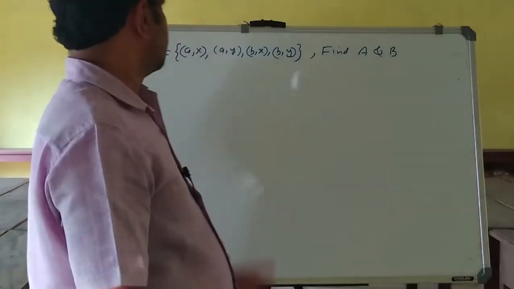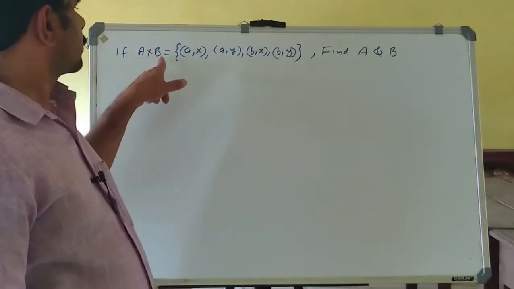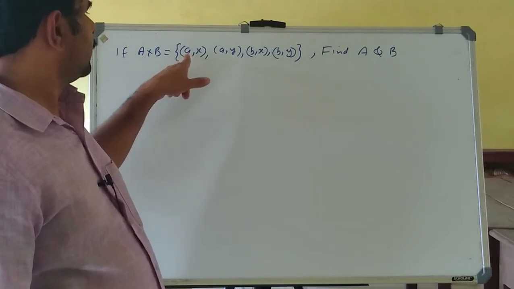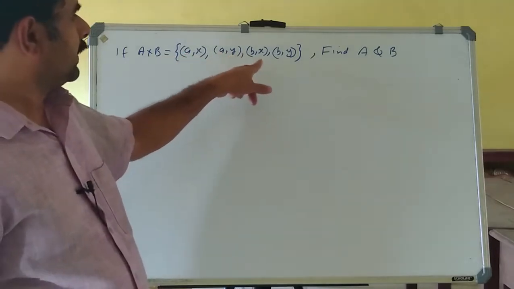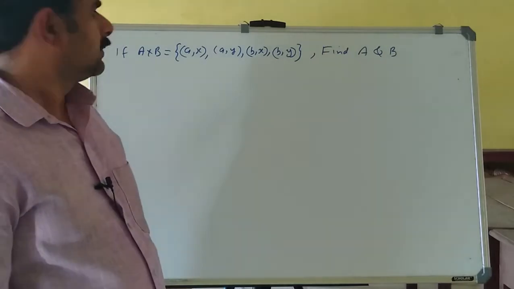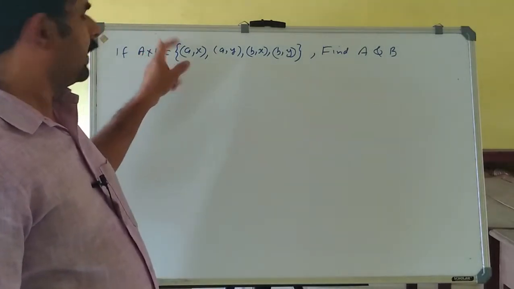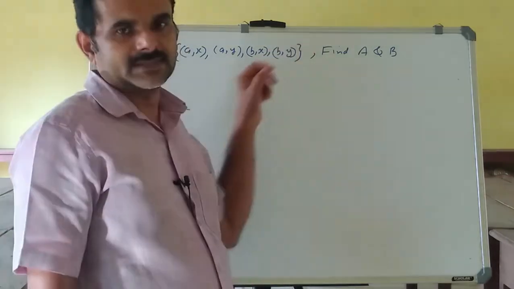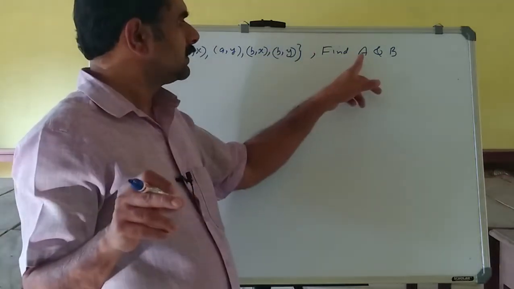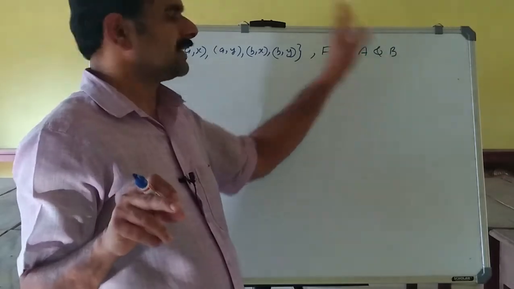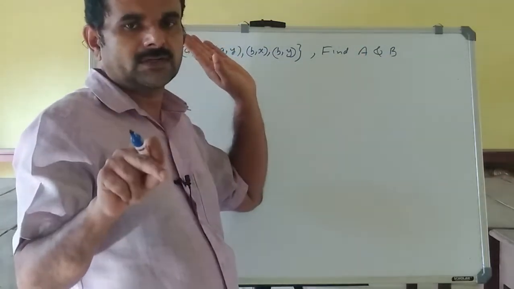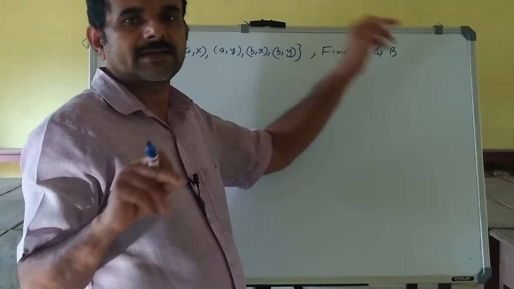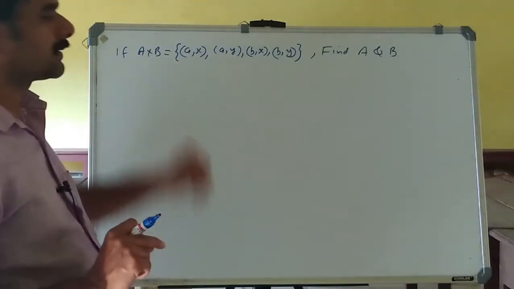This question says about A cross B as the set {(a, x), (a, y), (b, x), (b, y)}. Here, capital A and capital B are two sets which are unknown. They are not given here, but you are asked to identify these two sets A and B. So, your aim is to find the sets capital A and capital B. Here, A cross B is given.